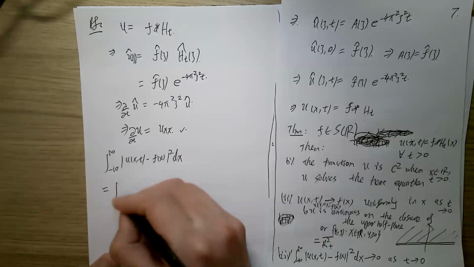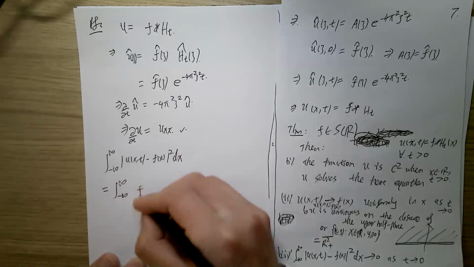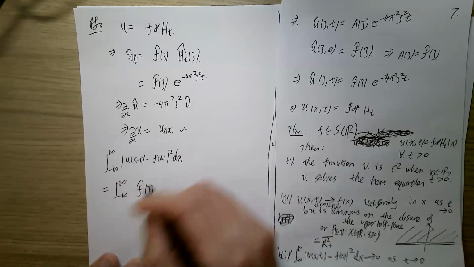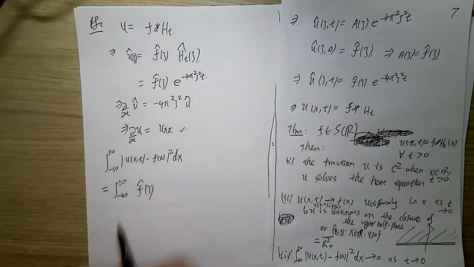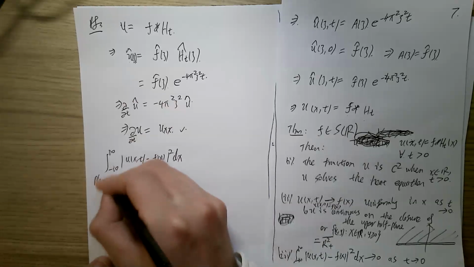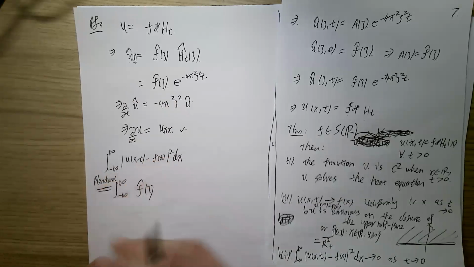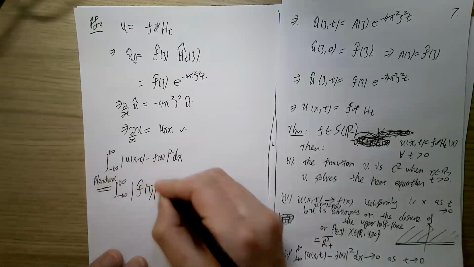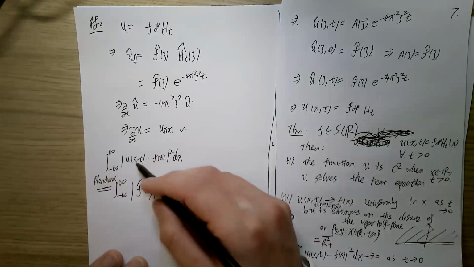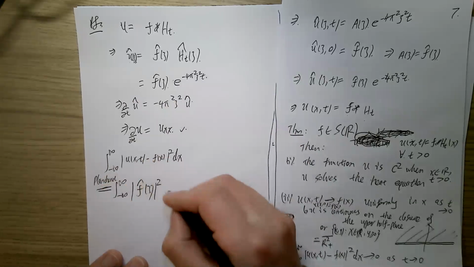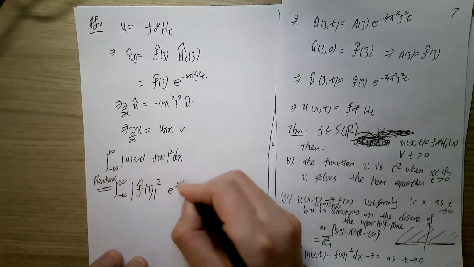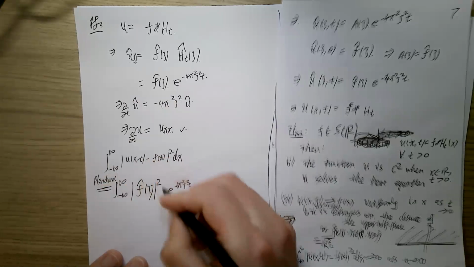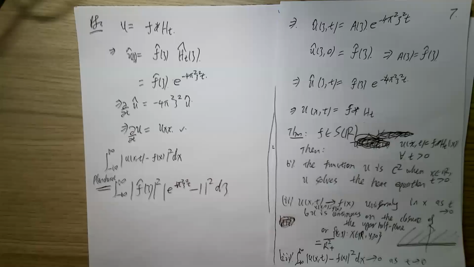We can write it from minus infinity to infinity. Because of Plancherel, you can take the Fourier transform of it, which is squared, and then here it becomes |f hat(xi)| squared times (e to the minus 4 pi squared xi squared t minus 1) squared d xi. Now this doesn't look so bad, right?